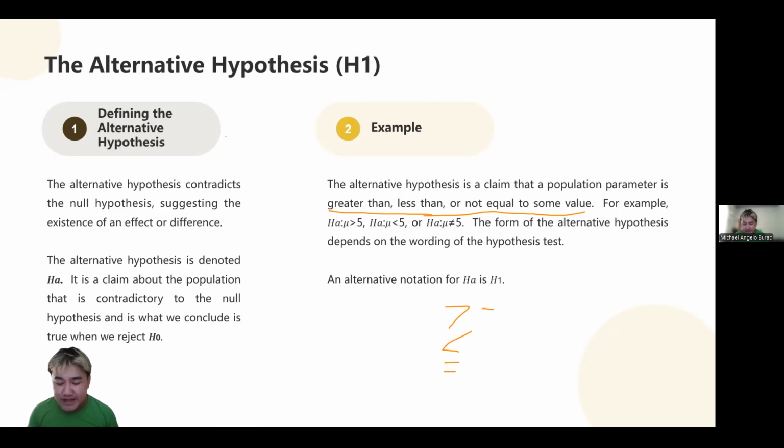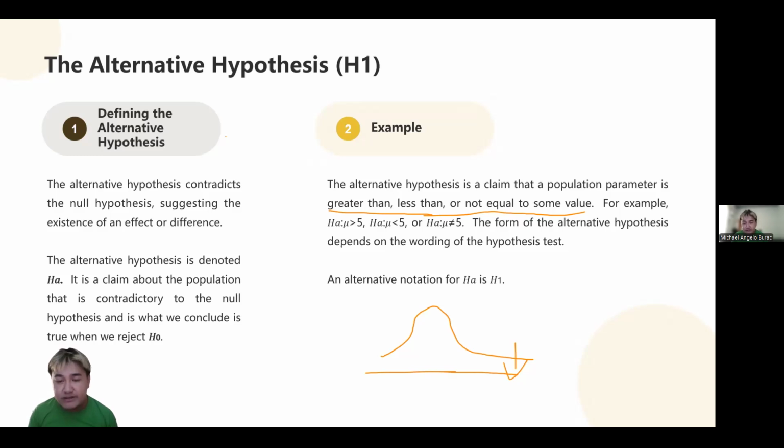So for example, if you have greater than, your rejection area, if we draw the curve, is in this area. This is our rejection region.